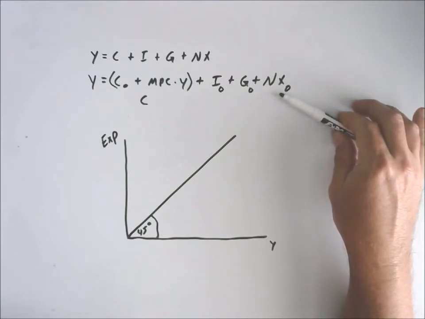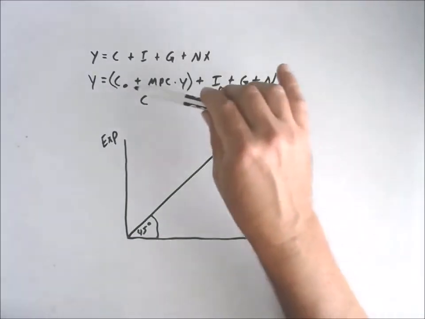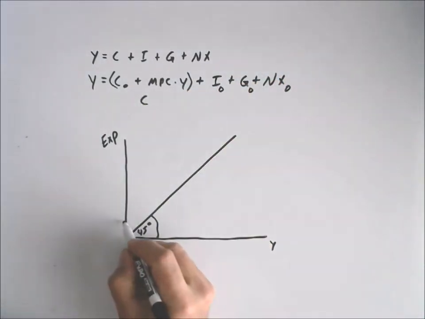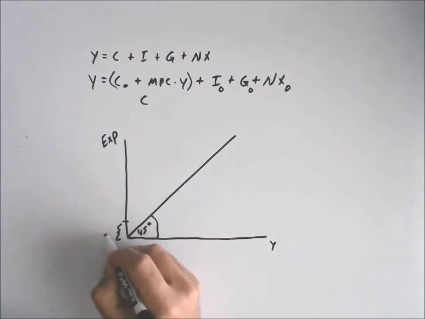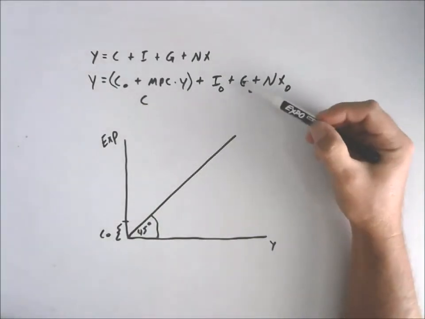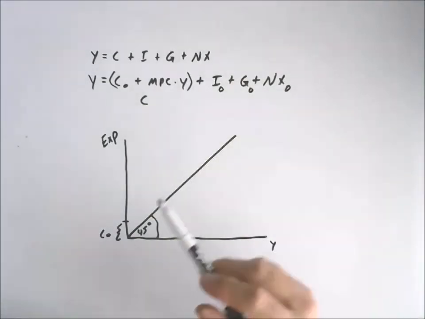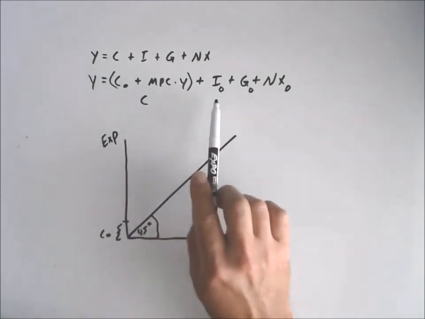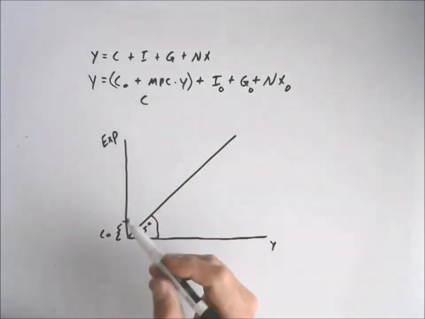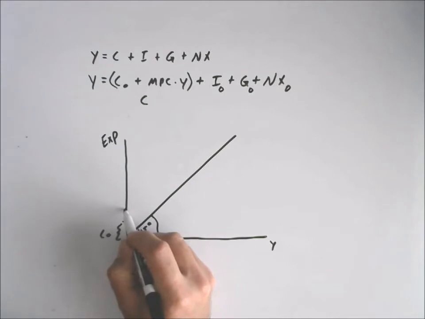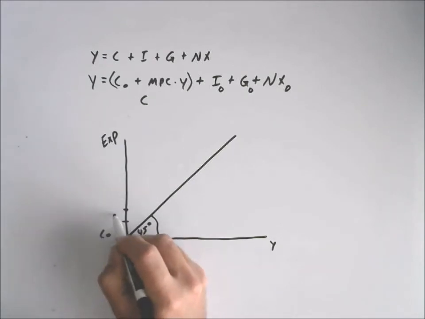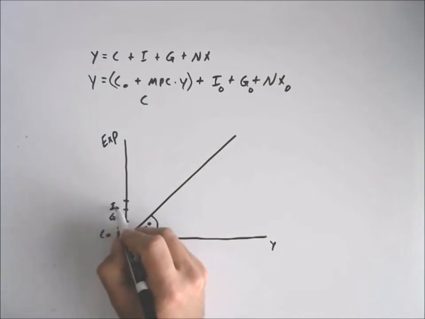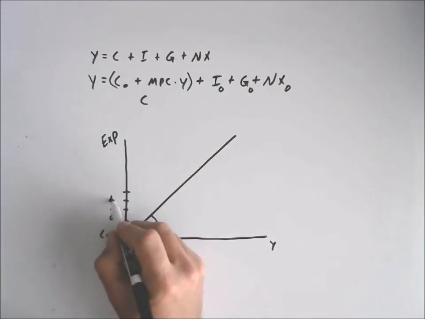Now, if you remember, when we were modeling consumption, this C0, this autonomous consumption, was an intercept. So that would be, say, this amount here. Well, all these other autonomous variables are intercepts as well, and they add to it. So your intercept now would be C0 plus I0 plus G0 plus NX0. Say that's G0, say that's I0, and say that's NX0.